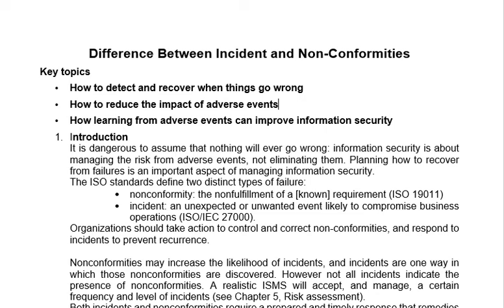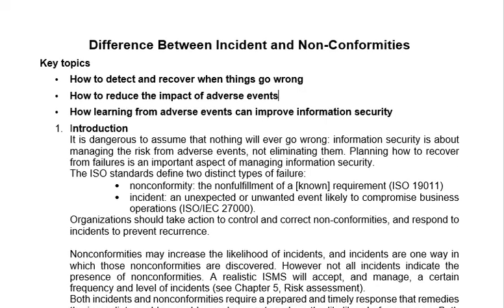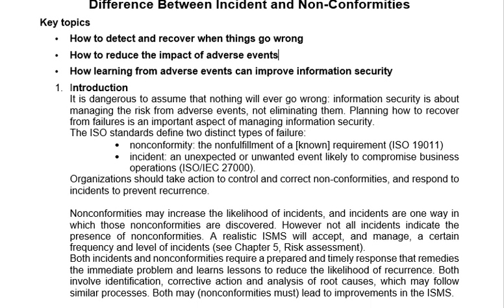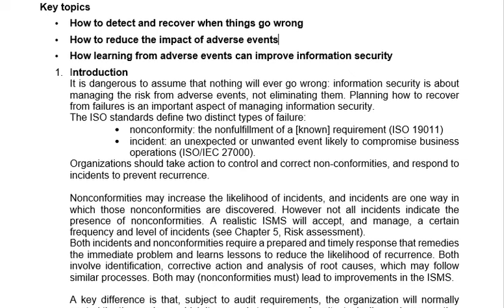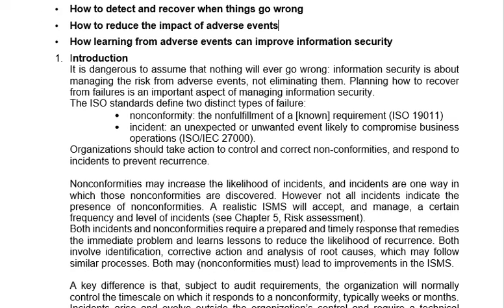The organization should take action to control and correct the non-conformity and respond to prevent recurrence. If the non-conformity is not closed properly, this would result in an incident. So I believe you have got a fair idea.